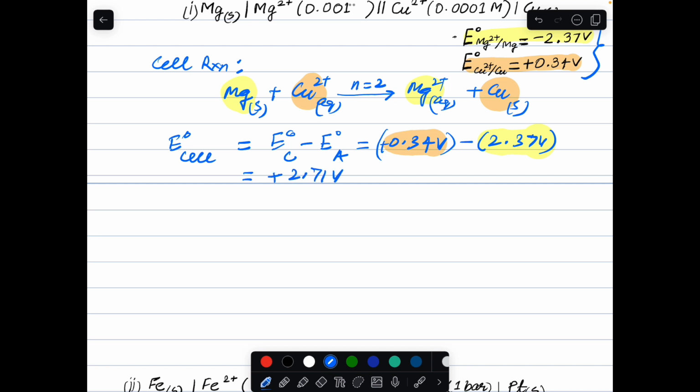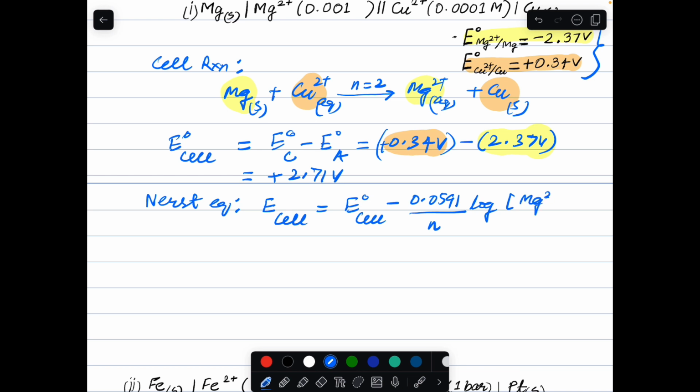Okay, now we will write down the Nernst equation. The Nernst equation relates electrode potentials with the concentration in the cell, and here E cell, that is the EMF of the cell, is equal to the standard cell potential, which we have calculated already, minus 0.0591. This value we get by putting in the values of different constant quantities, times the log of substances on the product side divided by substances on the reactant side.